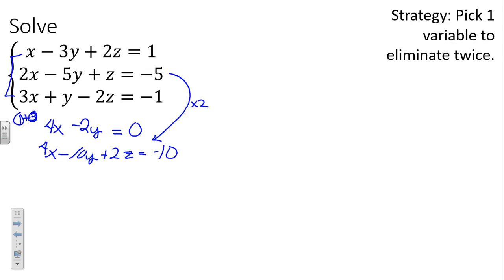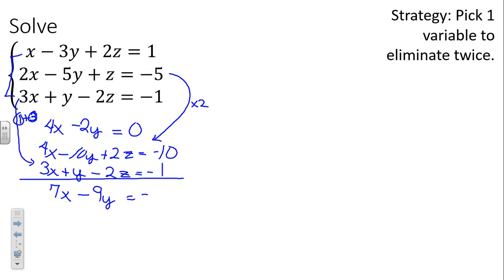And we're going to add it to the bottom equation so that the z's will go away. So we add these 2 up, 4x and 3x, -10y and a positive y, and a -11.